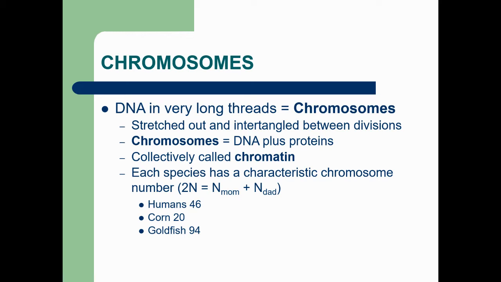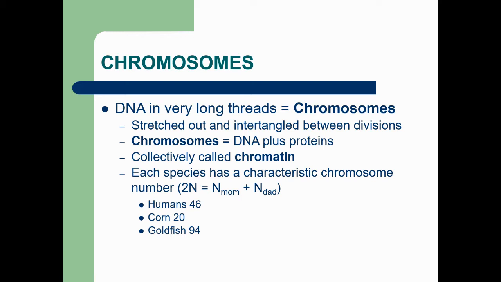And they're organized, our chromosomes, we take that DNA and we organize it around proteins called histones. The DNA wrapped around those proteins to organize it a little bit is called chromatin. So chromatin is the chromosomes, the DNA plus the proteins that help to organize it.